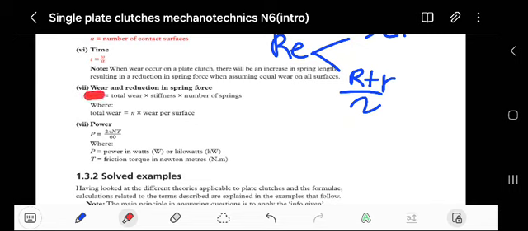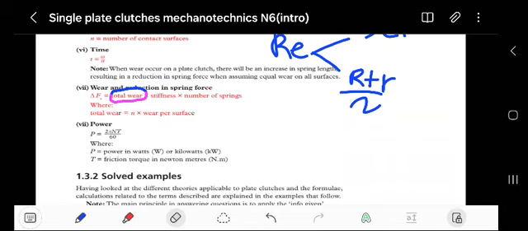Then the change in Fs is equal to the total wear multiplied by stiffness multiplied by number of springs. Note that total wear is equal to the number of contact surfaces multiplied by wear per surface, as you can see there.